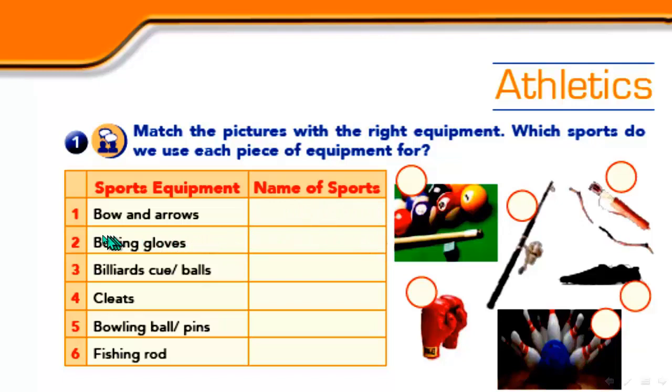Okay, number 1, as you see here, bow and arrows. So where is the bow and arrows here? Let's match it. Number 2, boxing gloves.